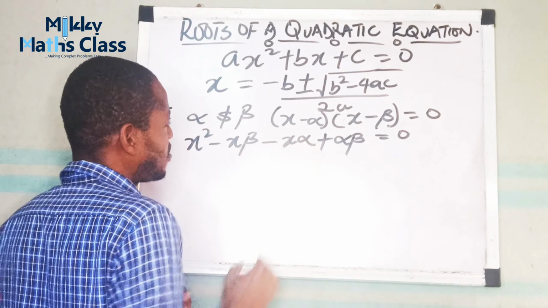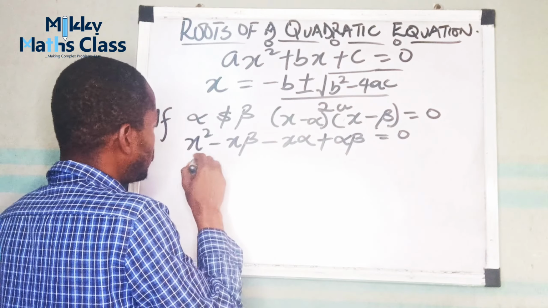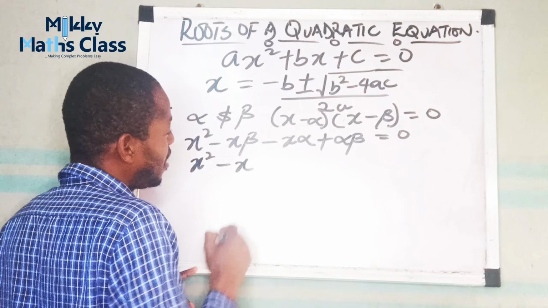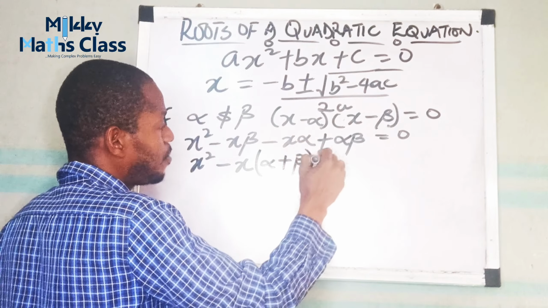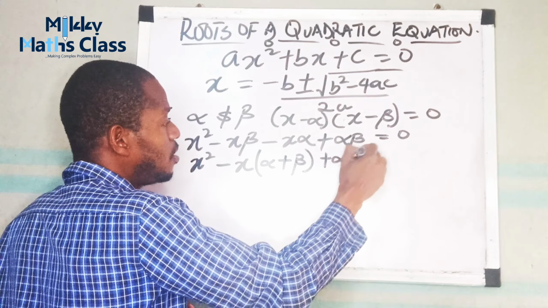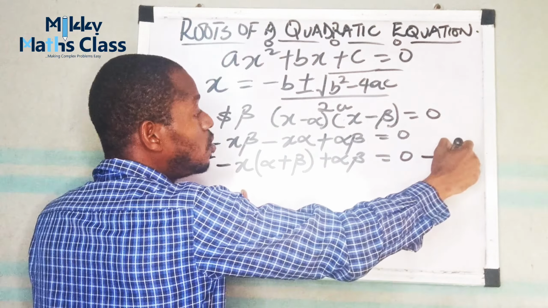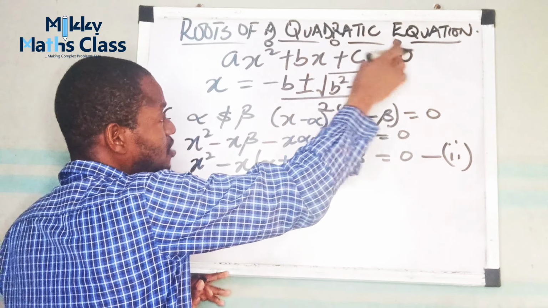From x alpha and x beta, we can factorize x out, so this becomes x squared minus x into bracket alpha plus beta, plus alpha beta equals 0.